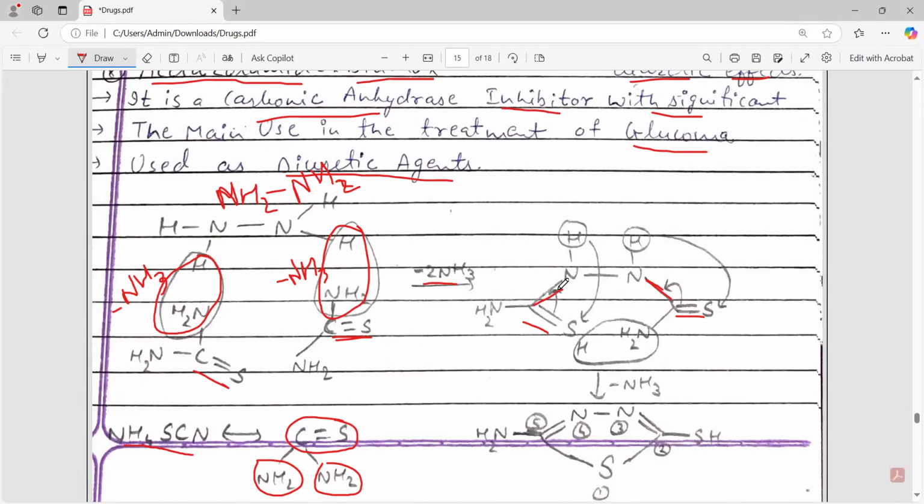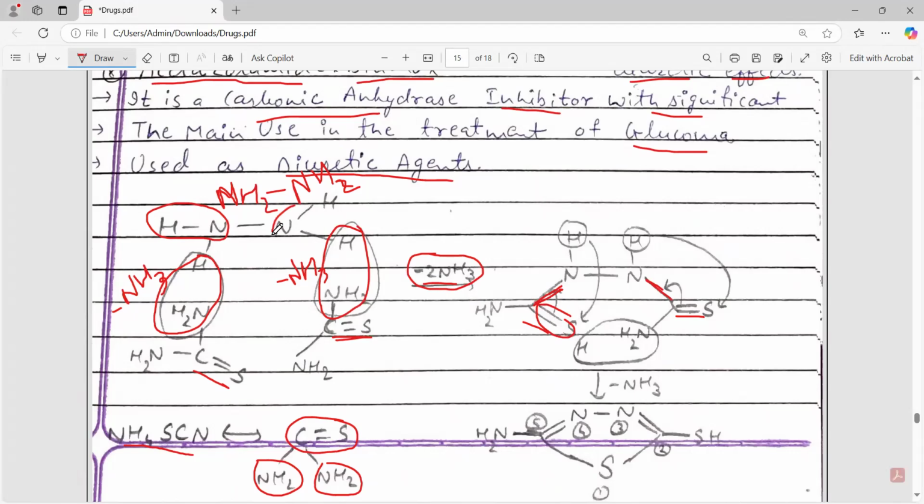As you see in this mechanism, hydrazine has reacted with 2 moles of ammonium thiocyanate, 2 moles of ammonia are removed, and the C double bond S group is directly attached to the NH group.